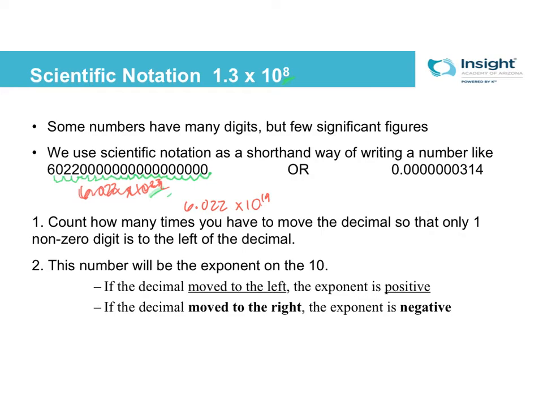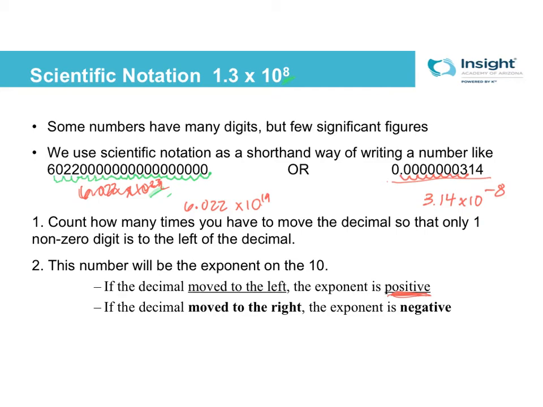If I'm moving the decimal to the left, like I did there, that exponent should be a positive number. If I move the decimal to the right, like with this number over here, I'm going to move it 1, 2, 3, 4, 5, 6, 7, 8 times. It'd be 3.14 times 10 to the -8th.